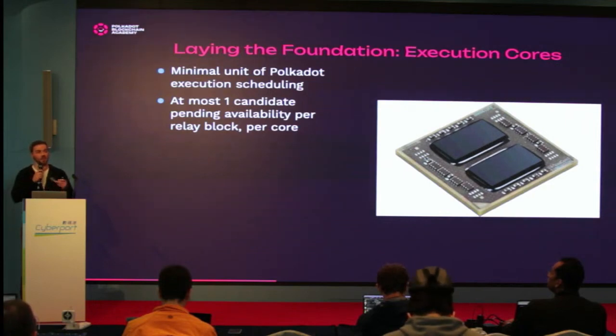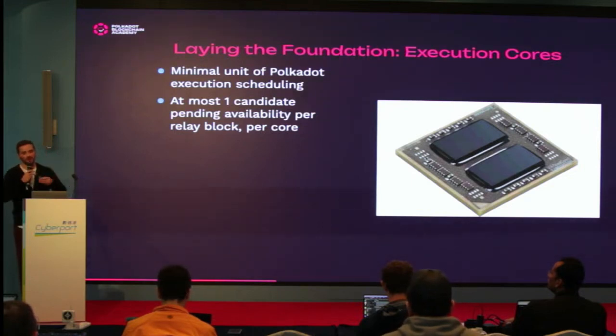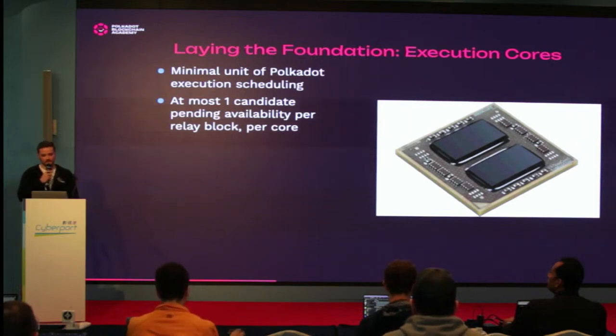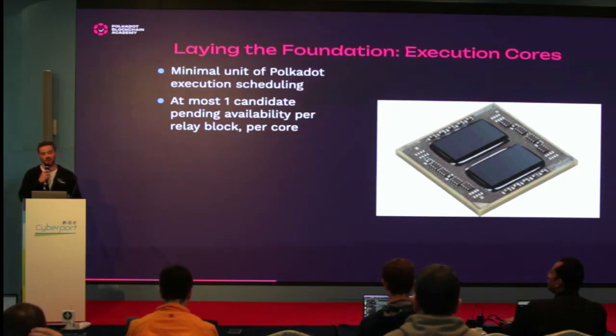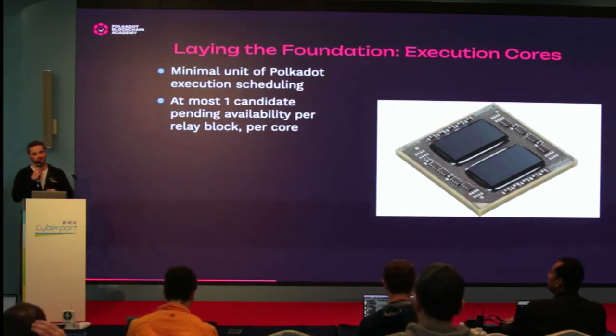And the assignment of those parachains to execution cores rotates. That's how backing groups rotate between parachains over the course of a session. And at most, one candidate can be pending availability per relay block per core.